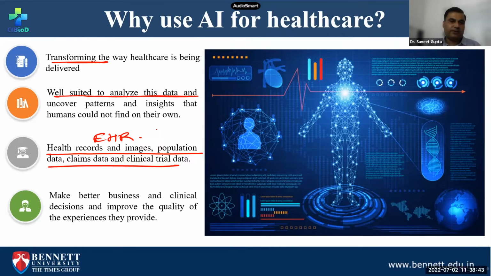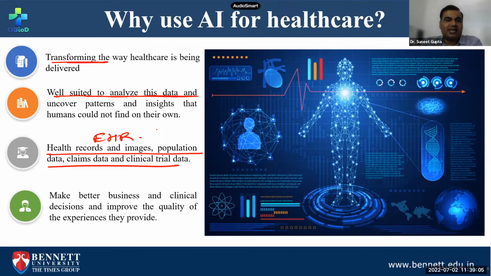Let me take one example. Let's say in the past a person had some kind of heart surgery. After heart surgery, the person has to visit the doctor or heart specialist after 2-3 months or in 1 month.